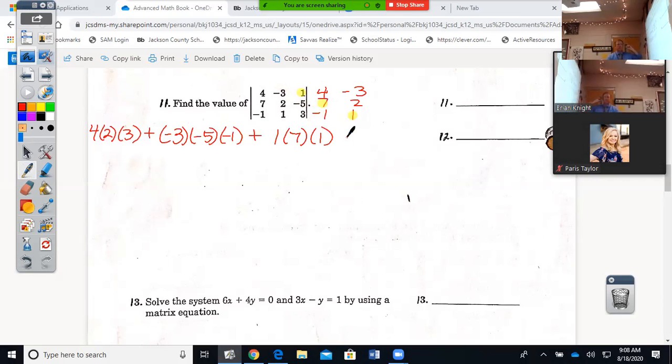Okay? And I would keep going, but I don't have room, so I'm going to come down and do the bottom. Now we start going the other direction. And what do we do with these diagonals? Do we add them or what? We subtract them. So minus 1 times 2 times -1 minus 4 times -5 times 1.